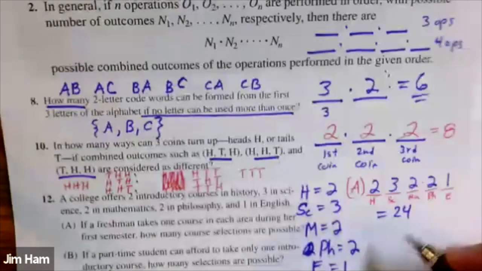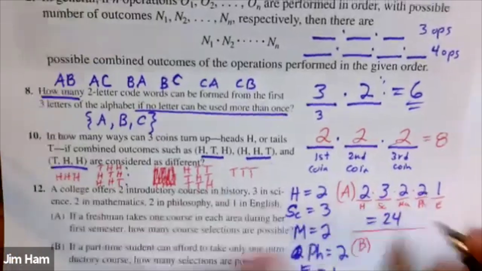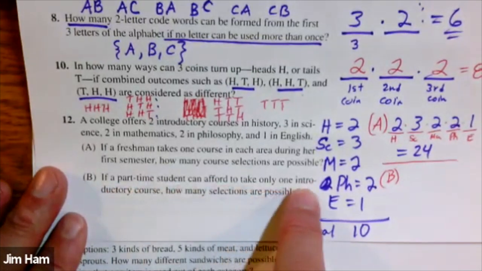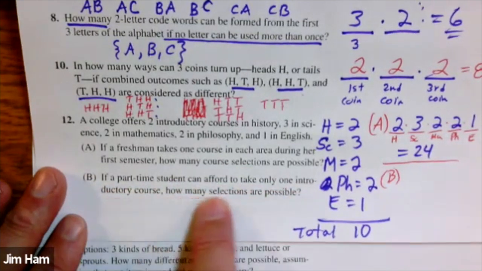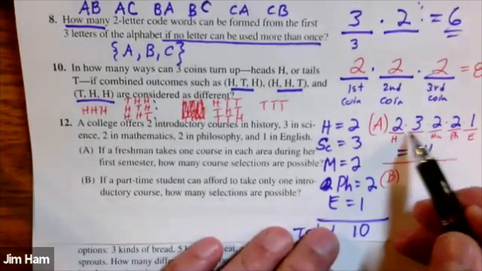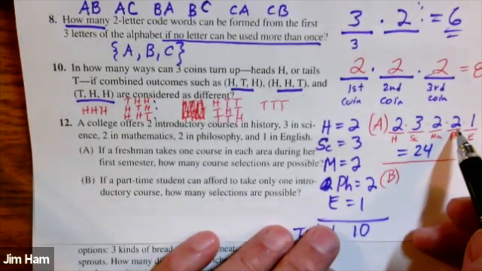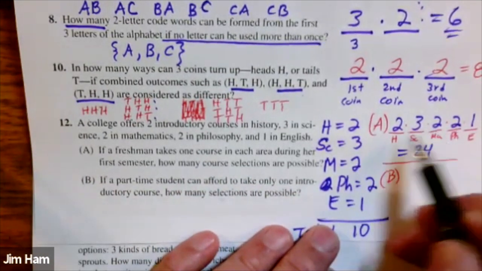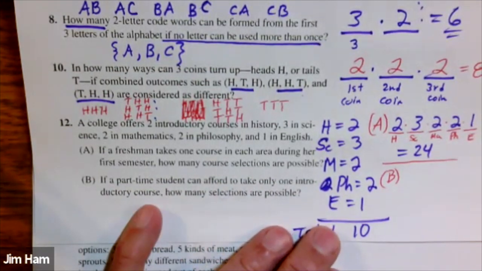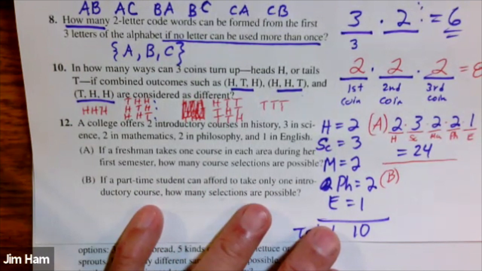All right, let's take a look at B. B is slightly different. Here's another student. A part-time student can afford to take only 1 introductory course. How many selections are possible? So this full-time student can select 5 different courses, and the multiplication principle tells us how many different ways that can occur. The part-time student is only going to take 1 course.